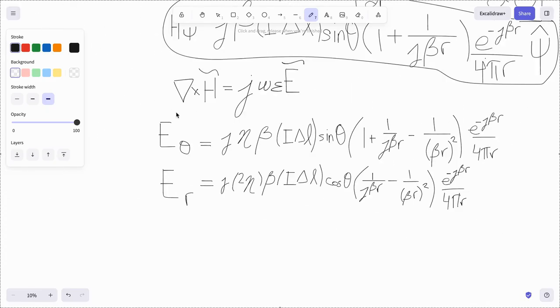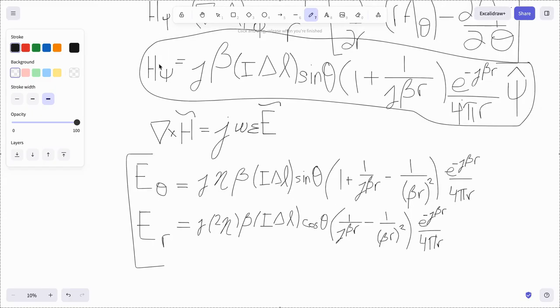And so these are three really important equations. These are the equations that describe the electric and magnetic field for an antenna. And in the next video, we're going to look more into the properties of these.